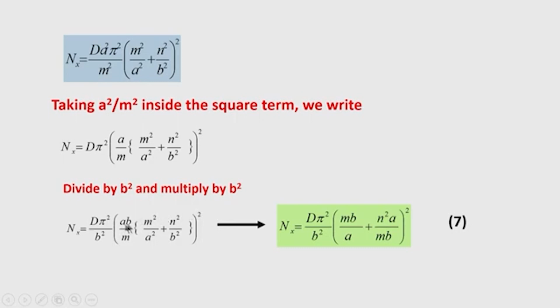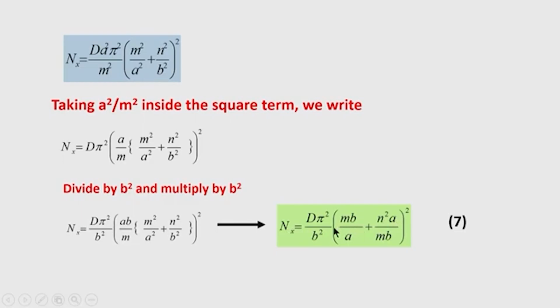Now, multiply each term inside the bracket. So, we are getting D π^2 by b^2 as the coefficient, and then if I multiply m^2 by a^2 by a b by m, I am getting m b divided by a. Similarly, if I multiply the second term n^2 by b^2 by a b by m, then I am getting n^2 a by m b.